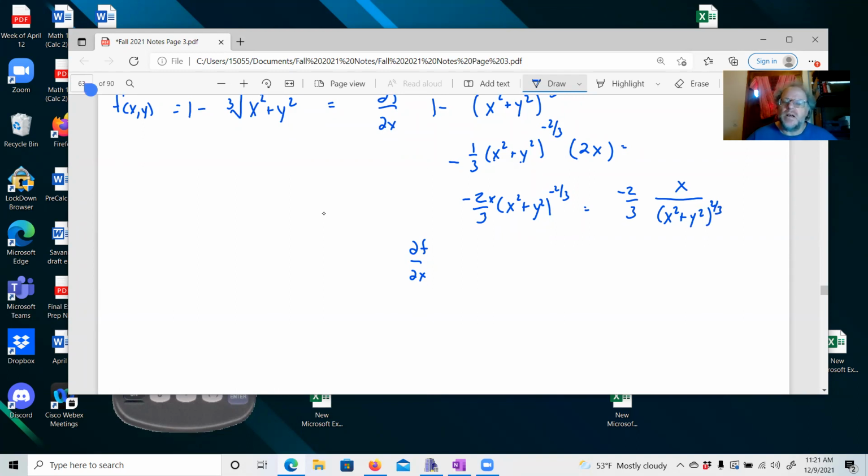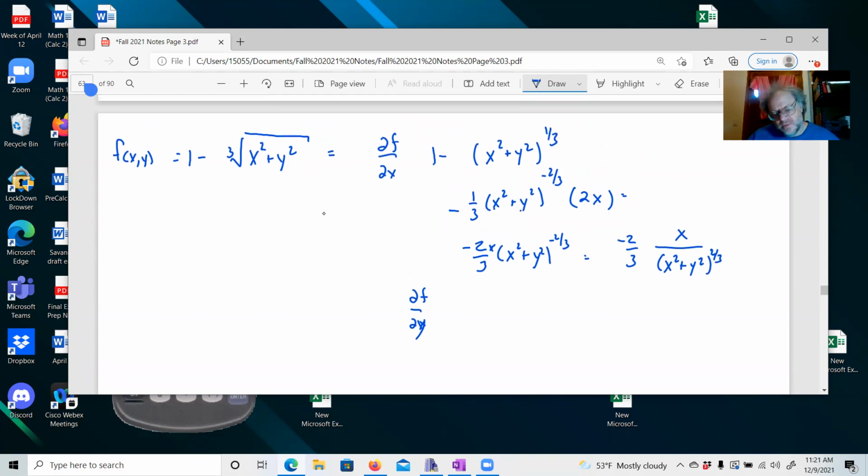If I take the derivative with respect to y, we're going to get pretty much the same thing because it's a rather symmetric function. So we're going to have negative, again, dealing with the cube root function, the 1/3 comes down in front. We have an x squared plus a y squared, and then negative 2/3 for the cube root function.